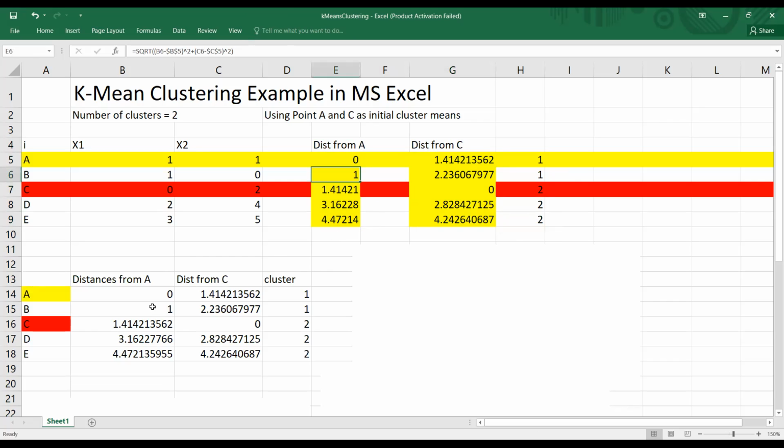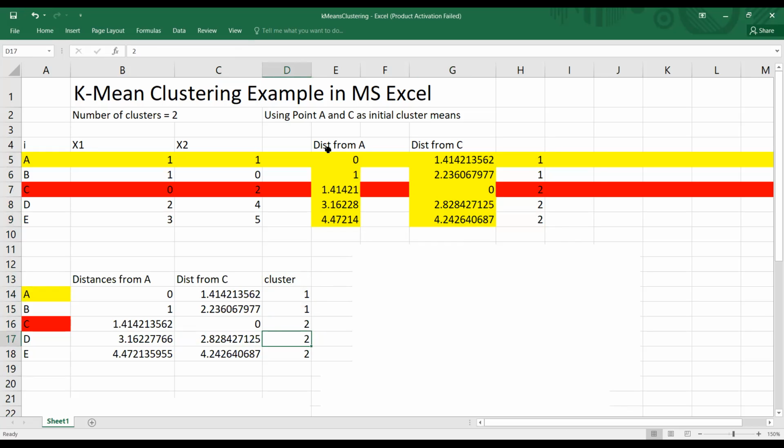Now you can see that the distances here are 0, 1, 1.4, 3 point something, 4.4. These distances are correct. Similarly, we can have the second distance and the third distance, the same, and all of the cluster allocations are the same.